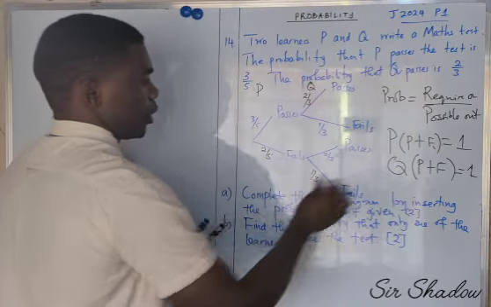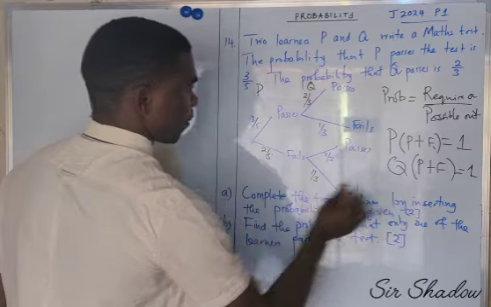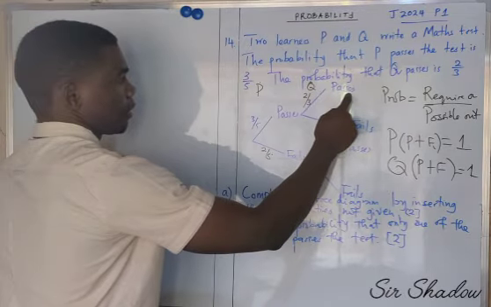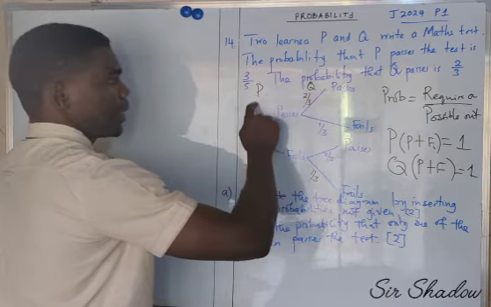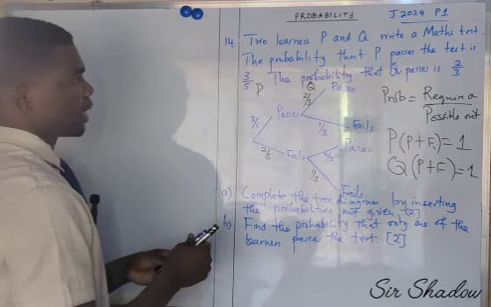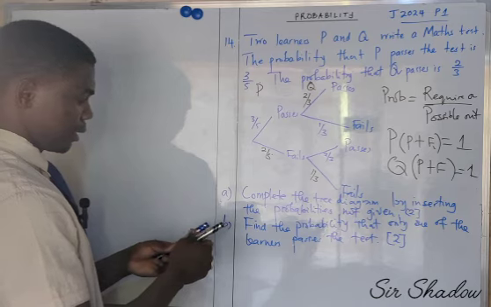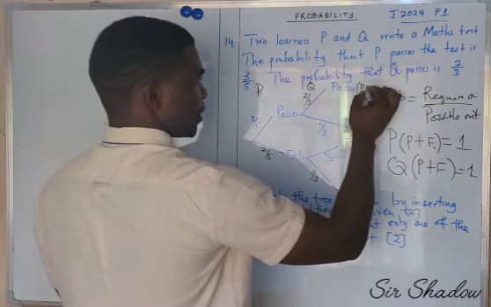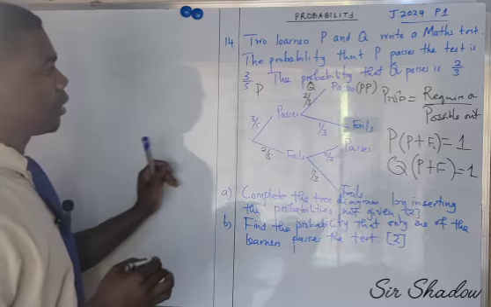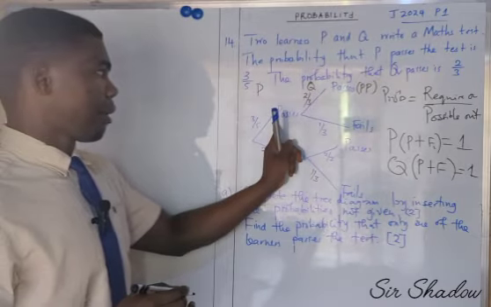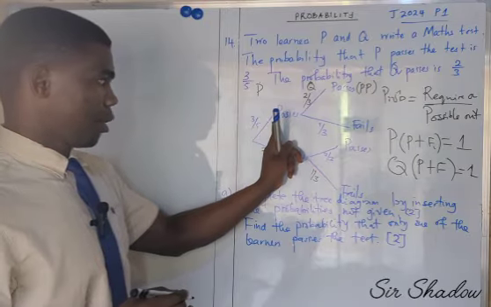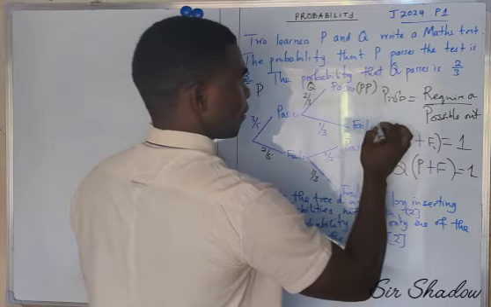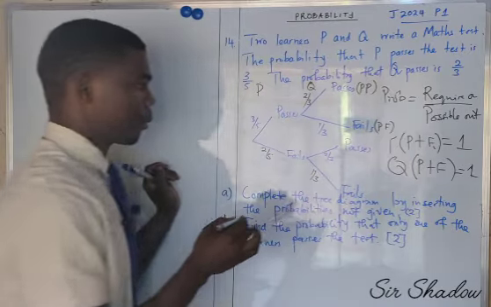Let's now come up with the possible outcomes of these probabilities. P passes and Q passes, PP. P passes and Q fails, PF, pass and fail.